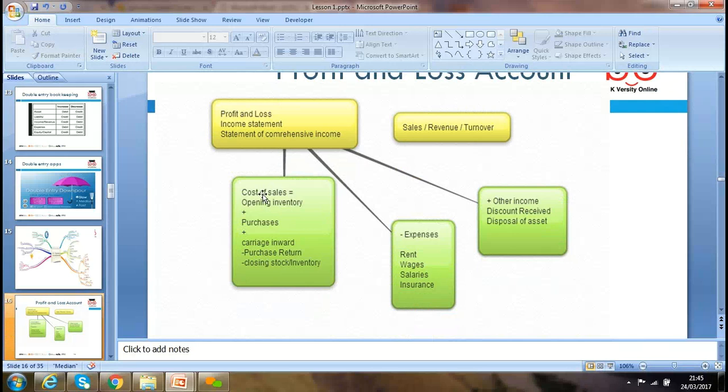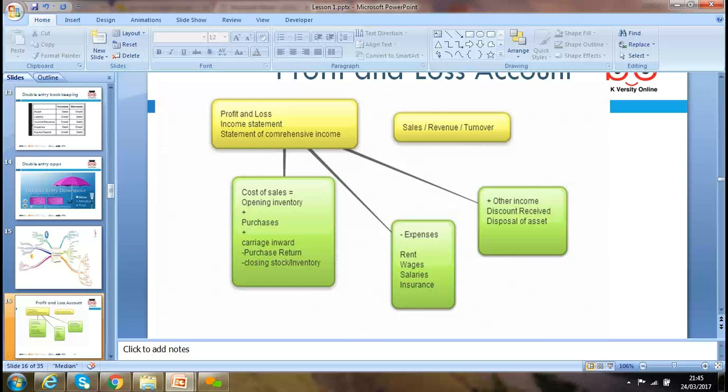Cost of sales means the sales which I made, how much did they cost me. That's the same thing that I used to put as cost of goods sold. We also call it cost of goods sold.